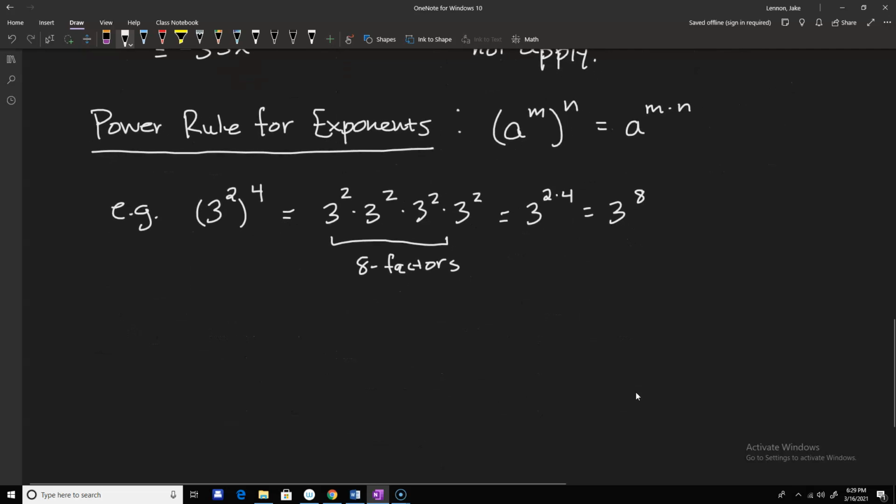So that's another positive reinforcement for why the power rule is true. So let's go ahead and try and do some examples where we work these out. So we're going to simplify using the power rule.